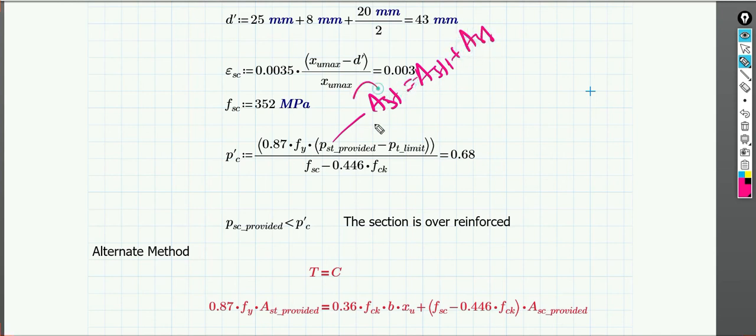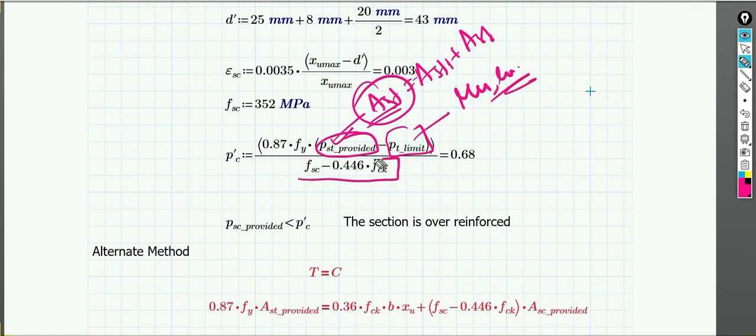That is how you have calculated AST, and whatever tension steel you have finally provided should be taken as PST, the percentage of steel. PT limit is the percent of steel corresponding to the Mu limit that you have to consider. Then you get, for a balanced section, how much percentage of compression steel is required.